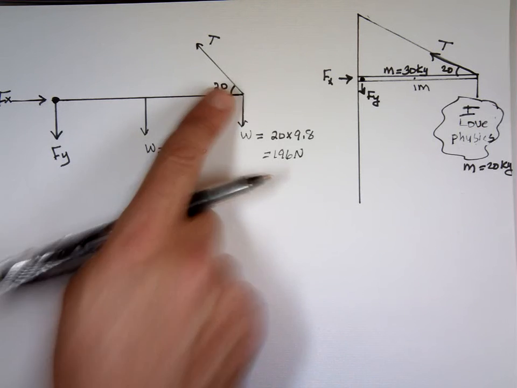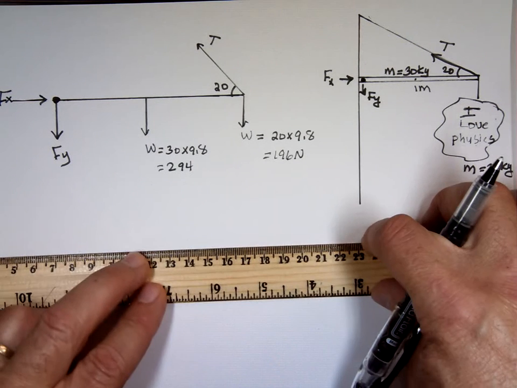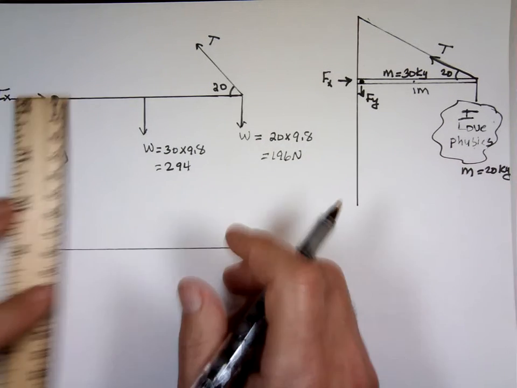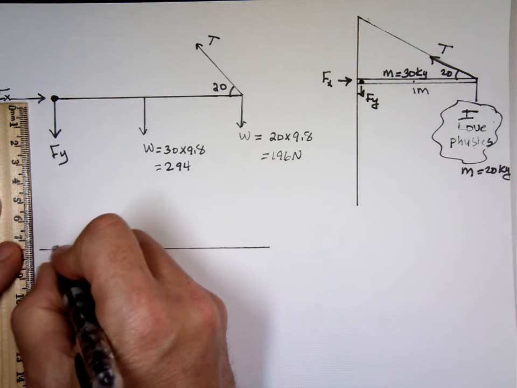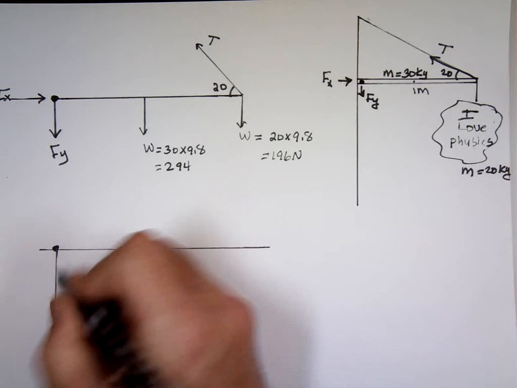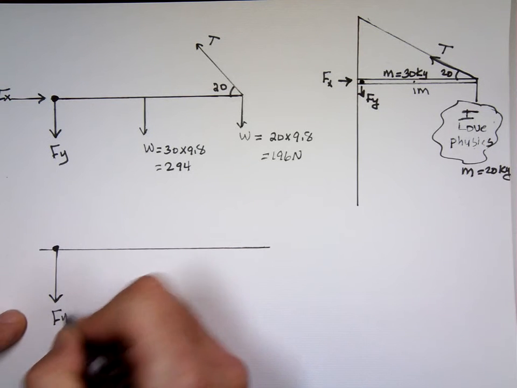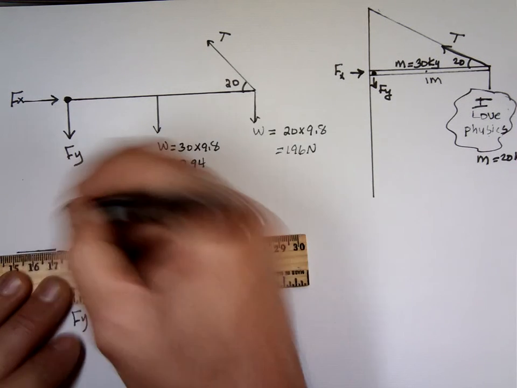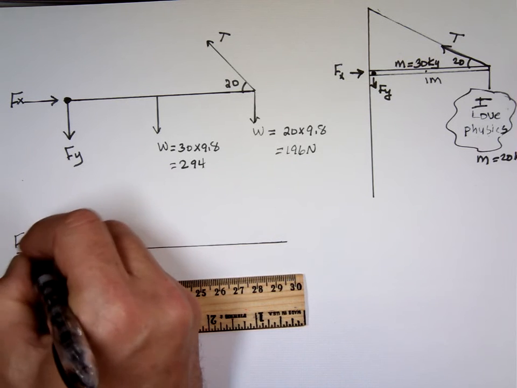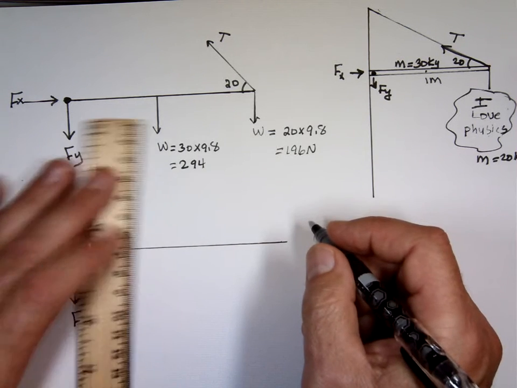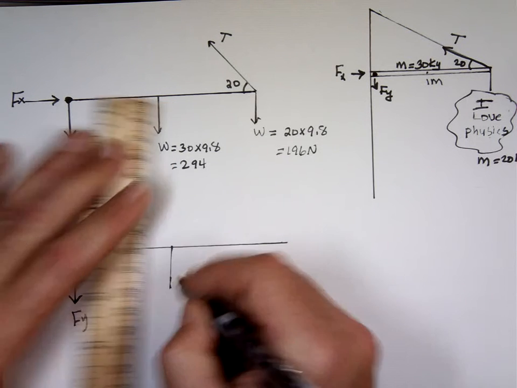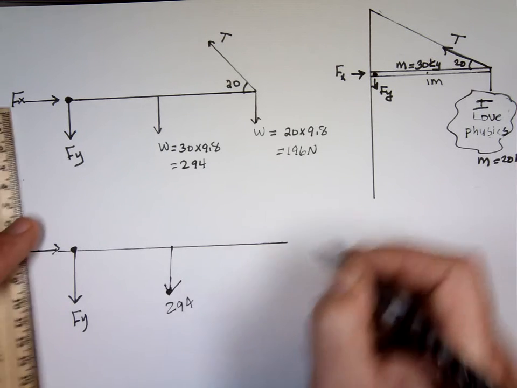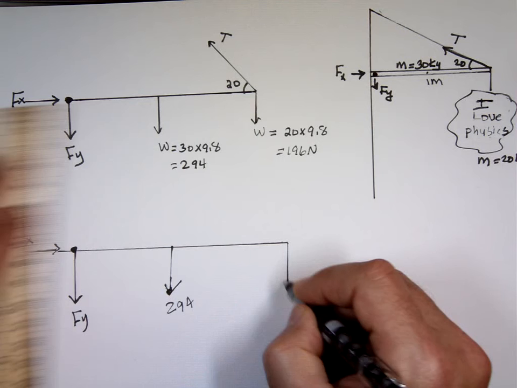That T, if I break it to x and y components, I will have Fy this way, Fx that way, 294 down, here we go, 196.